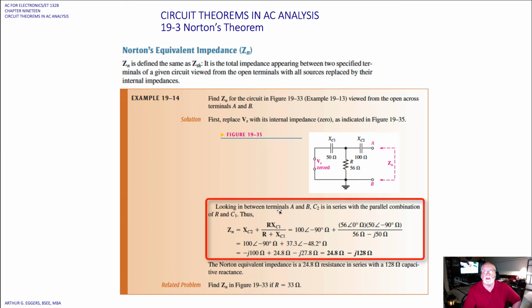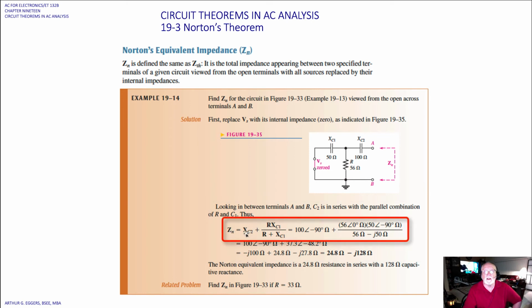So looking in between the terminals A and B, capacitor 2 then is in series with the parallel R and capacitor 1. Okay, so now what we need to do, like we did before, we end up with Z Norton is X sub C2 plus the product over the sum R and X sub C1 gives us a value of 100 ohms at minus 90, and then the product over the sum, we do our conversions in the denominator to polar so that we can solve the second expression.